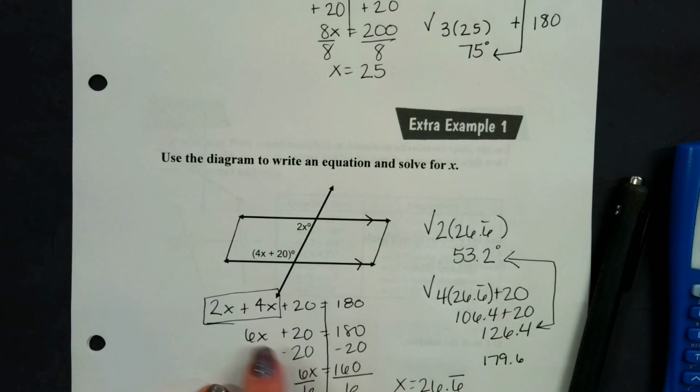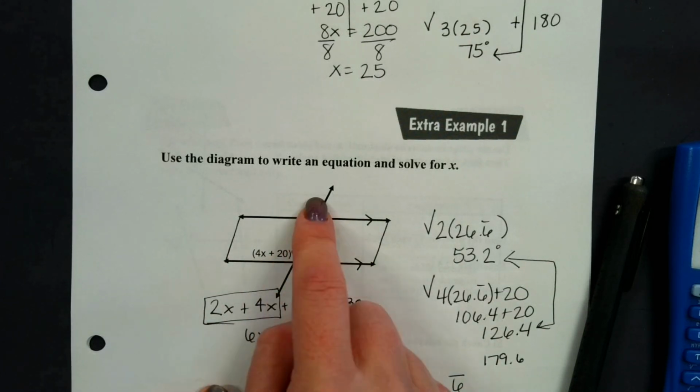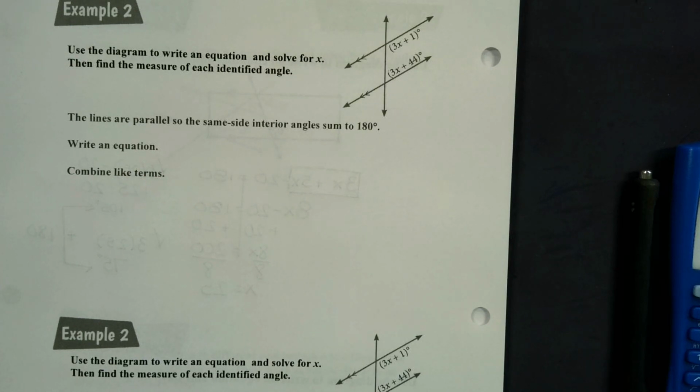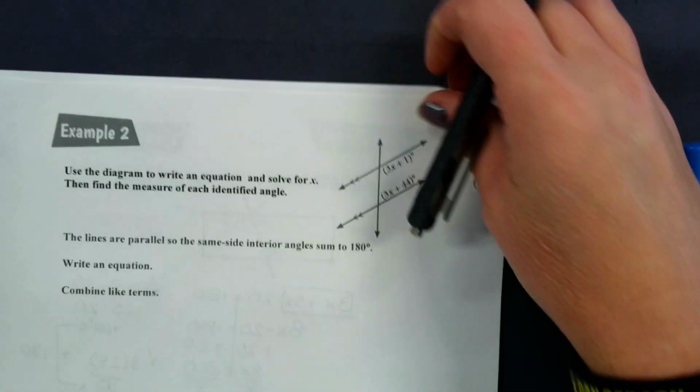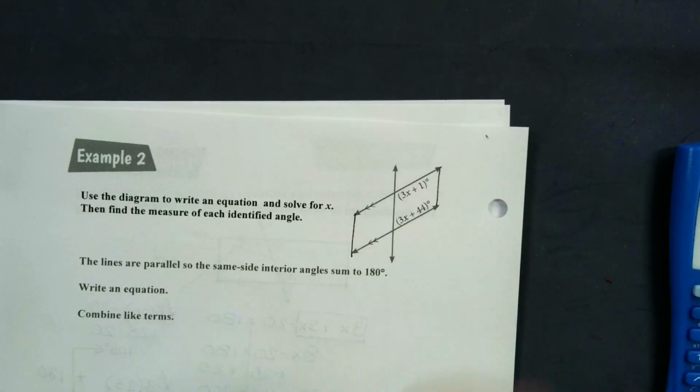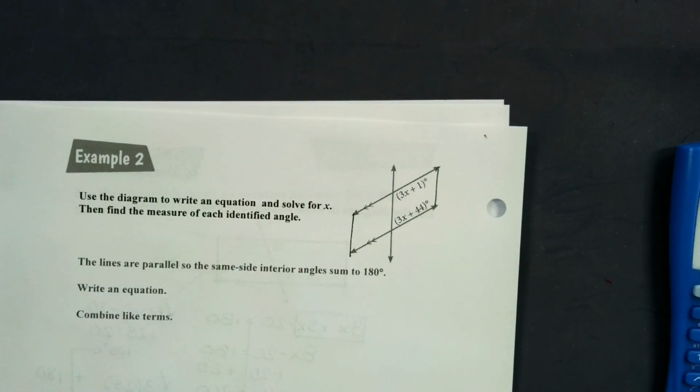Was everyone able to see why this was same side interior? Okay. All right. Let's go to the top of the next page. All right. First of all, is it parallel? Okay.